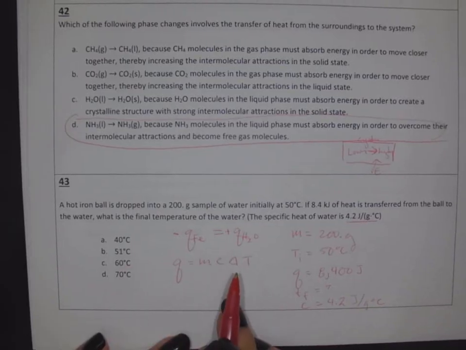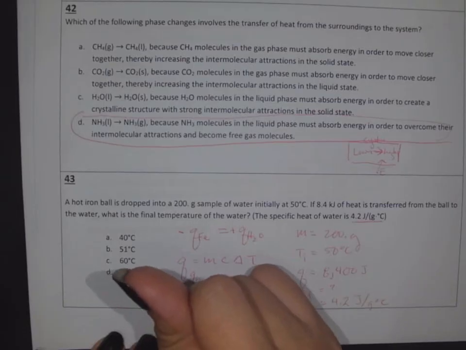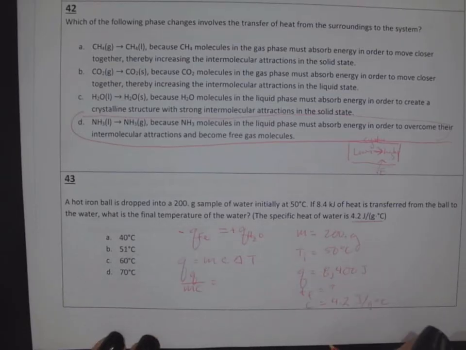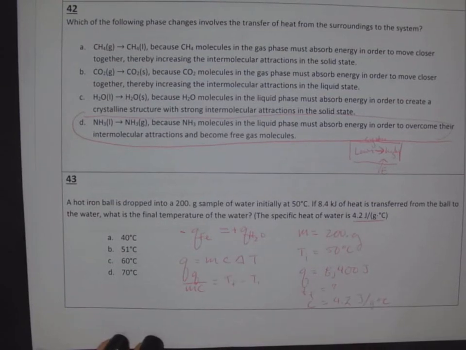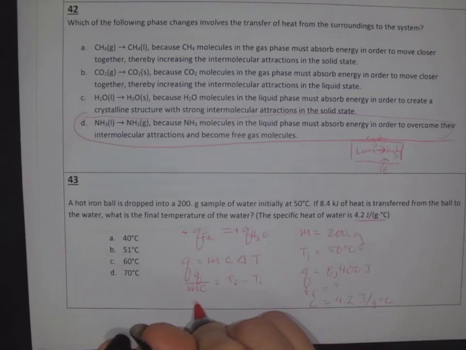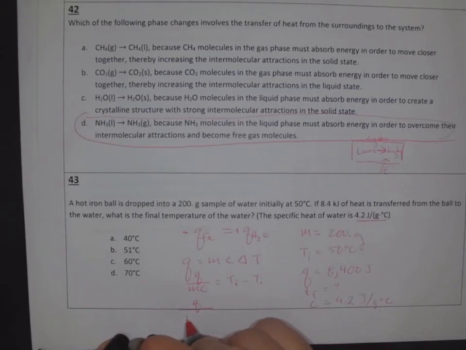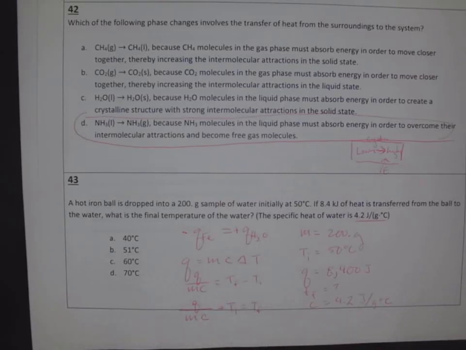Great. Let's rearrange to solve for delta T first. So Q divided by MC equals delta T. And delta T is temperature final minus temperature initial. So to get temperature final, I'm going to add temperature initial to the other side. So Q divided by M multiplied by C plus the initial temperature will equal the temperature final.